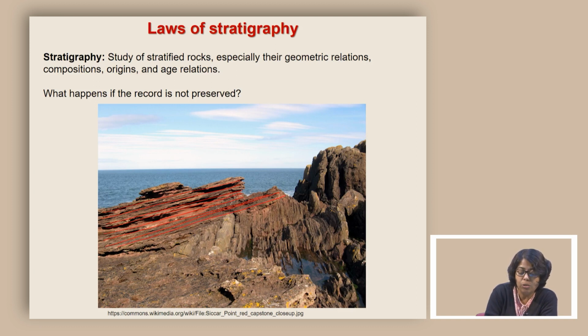But then when we look at the strata right below it, we find a different pattern. Unlike the top layer, the bottom layer has an orientation like this, and this orientation is very different from what we would assume to be the original orientation, because they are not horizontal.